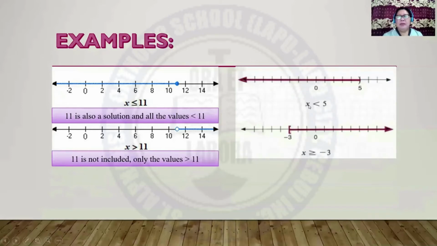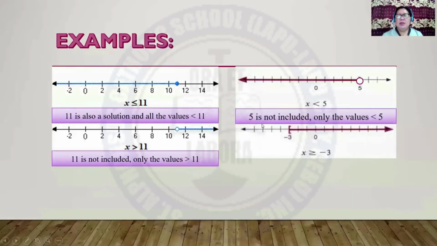Let us have another example. We have x is less than 5 and x is greater than or equal to negative 3. Let us take this one first. We are using the close parenthesis to indicate less than, or if you don't want to write the close parenthesis, you can use the open dot. This means that 5 is not included, only the values less than 5.